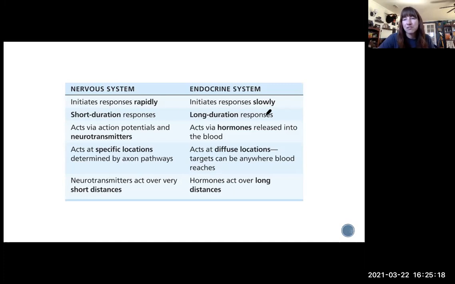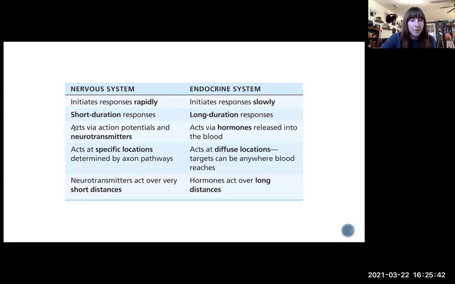Long duration responses are more the purview of the endocrine system, where basically if a hormone gets released into the blood and makes contact with its target organ, whatever response is triggered by that hormone may continue on for hours, if not days sometimes.